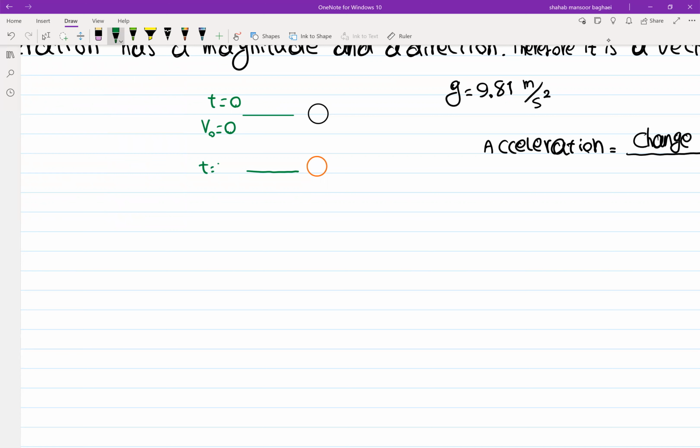T is, of course, 1 second. And v1, what is this number? Can you guess? If gravity is 9.81, you can find this velocity here.